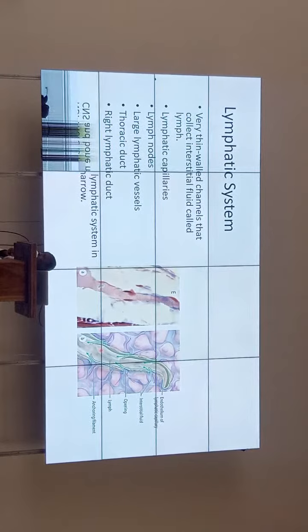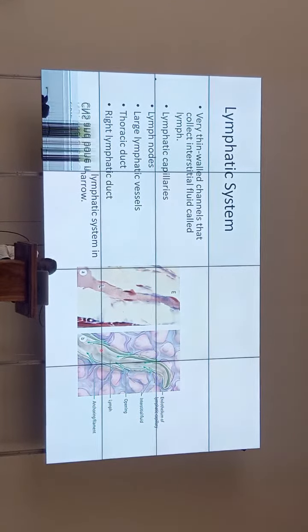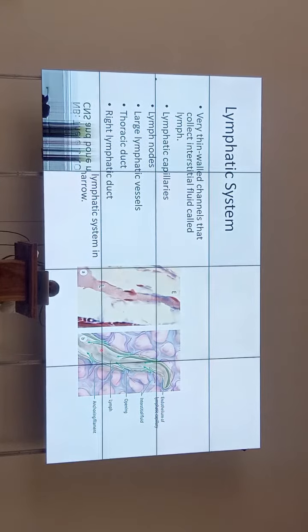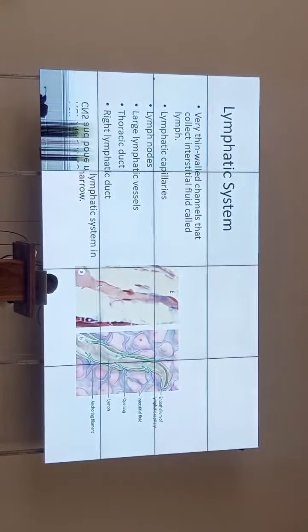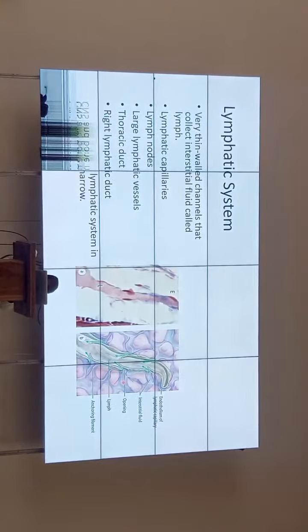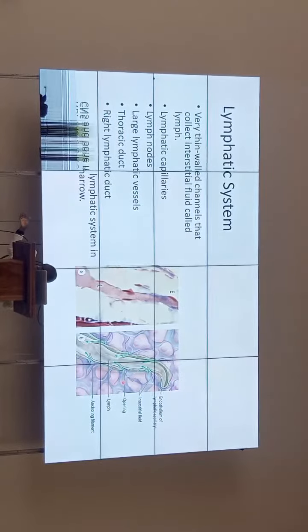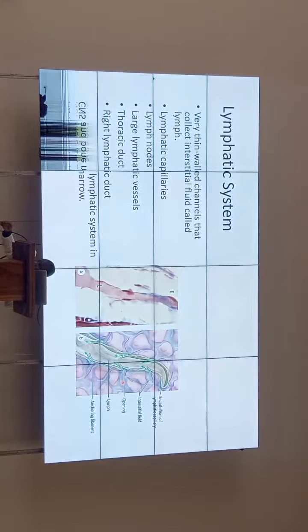lymph nodes. That lymph should pass through a lymph node. That's my point. Why is it so? Remember that lymph is coming from outside the vessels. Hello? It came from the vessels, then it went into the areas that are outside vessels.